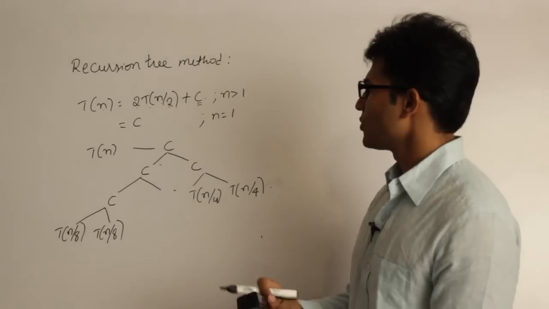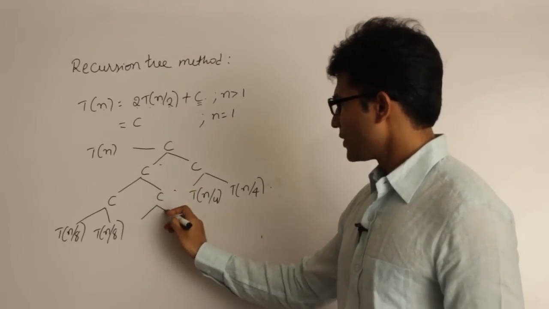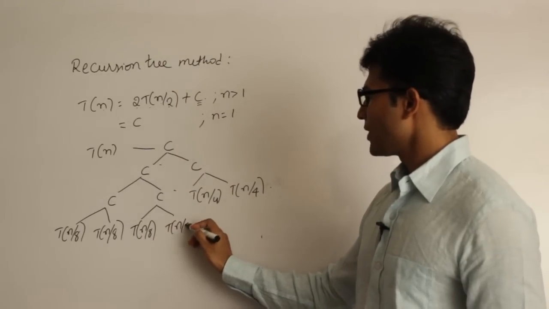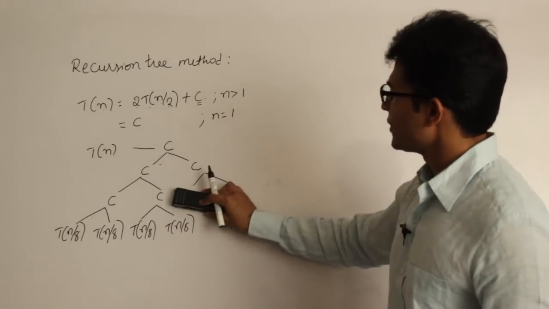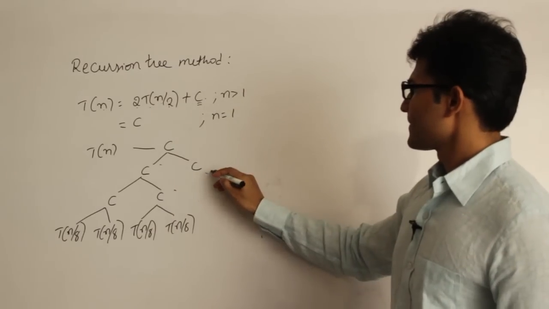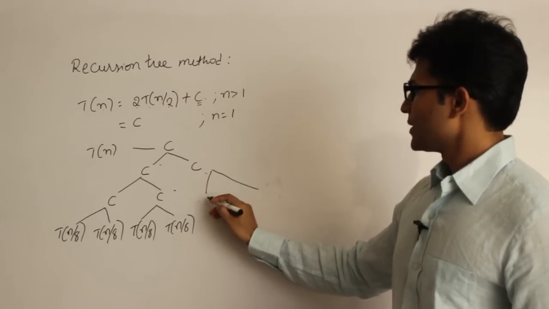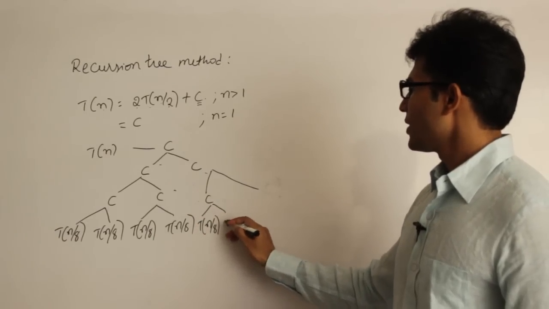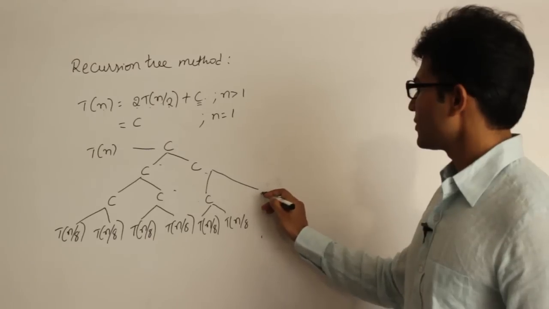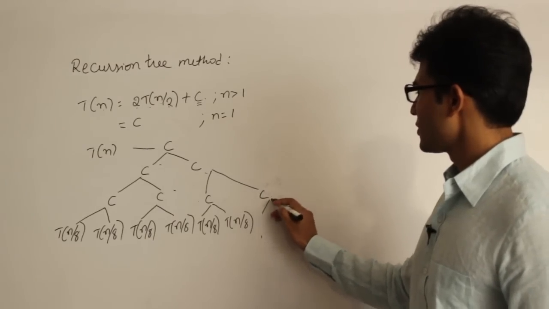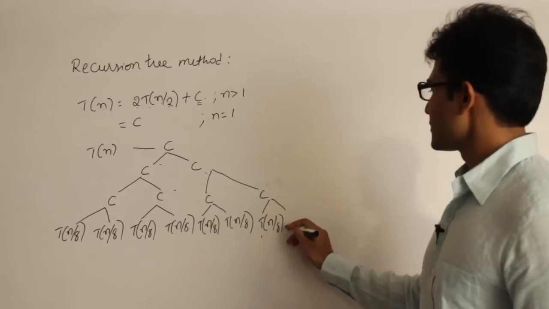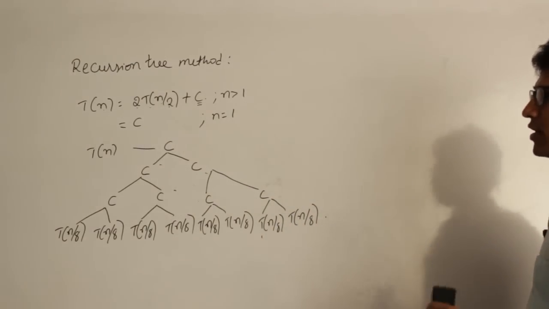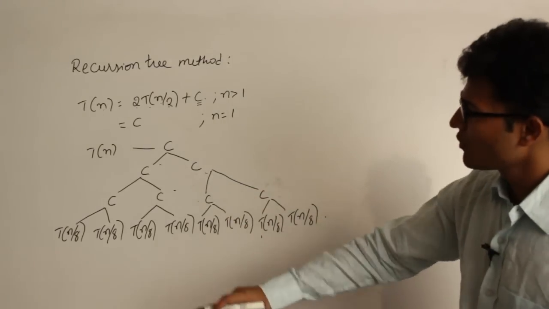If I do constant work C here, I could break the problem into T of n by 8 and T of n by 8. The same thing will happen here, and again if I do constant work like this. Now, just observe at every level how much work is done and how long we are going to go.